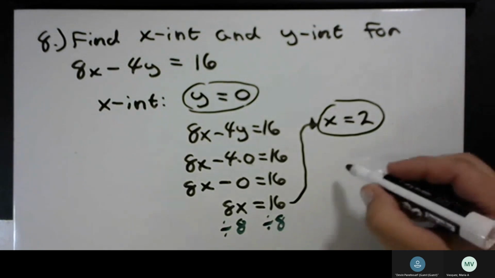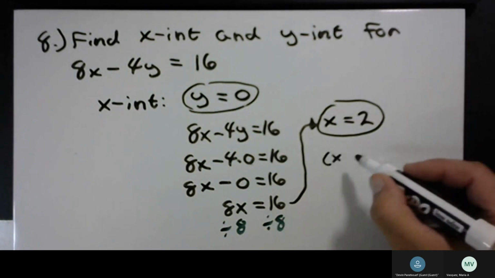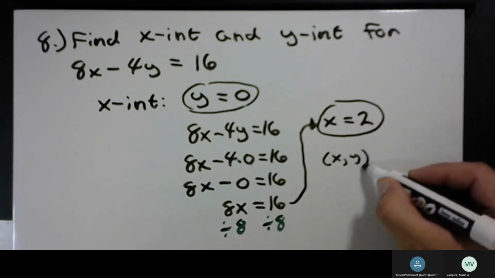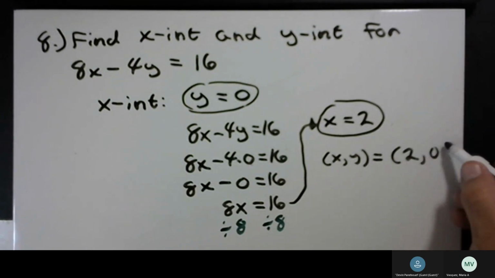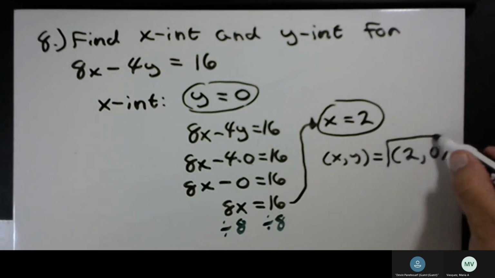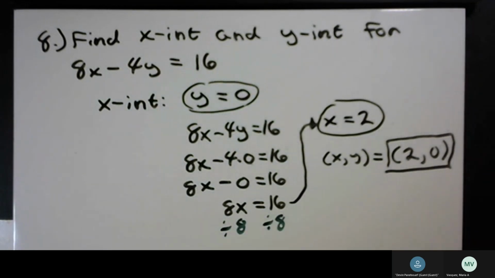And so now the x-intercept, x comma y, is 2 comma 0. So any questions about that?